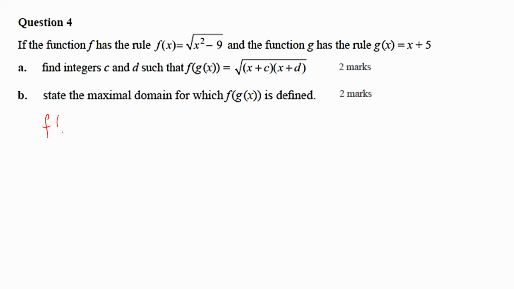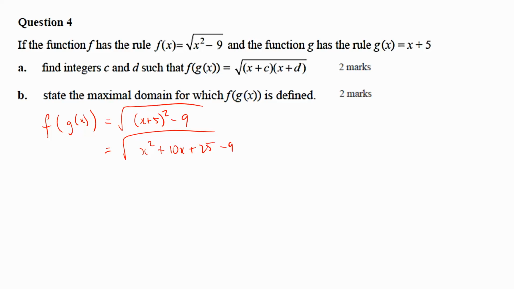If the function f has the rule x squared minus 9 and the function g has a rule... find integers c and d such that f of g of x... So, first thing, f of g of x will have to equal square root of x plus 5 squared minus 9. And that gives me x squared plus 10x plus 25 minus 9, x squared plus 10x plus 16.